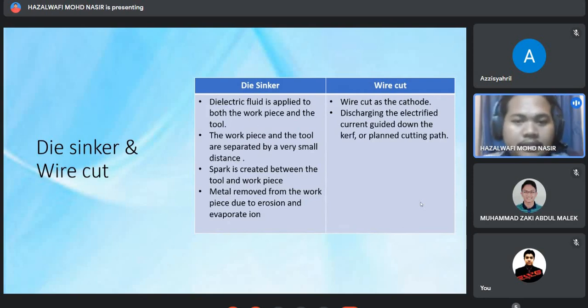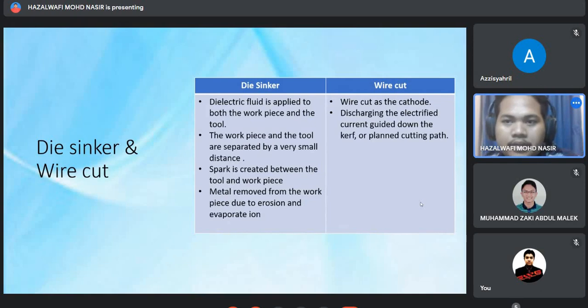Then the power supply supplies the electrode, and both the workpiece and electrode are submerged in the dielectric fluid, and sparks occur. So when the sparks repetitively occur, the metal is removed from the workpiece due to erosion and evaporation.